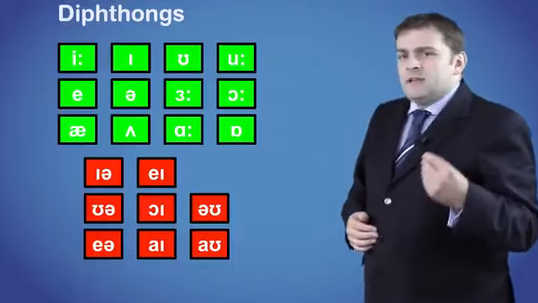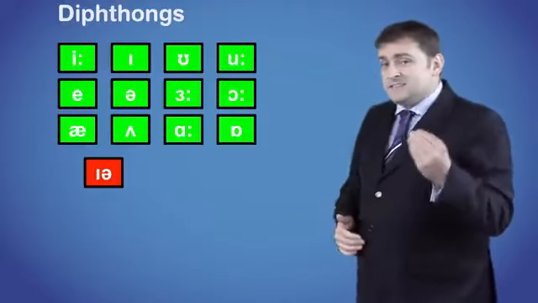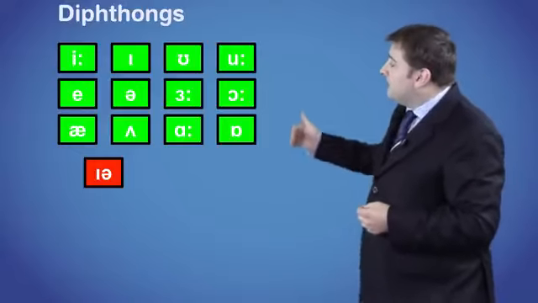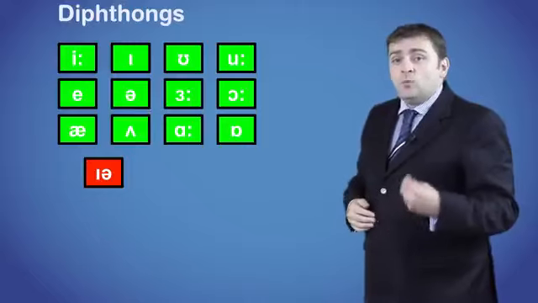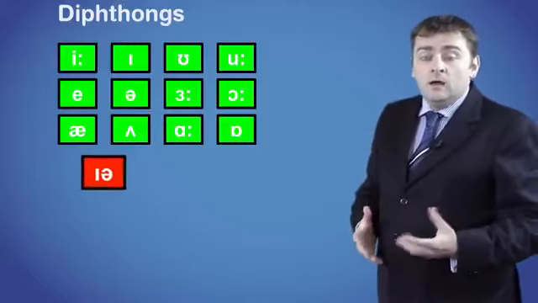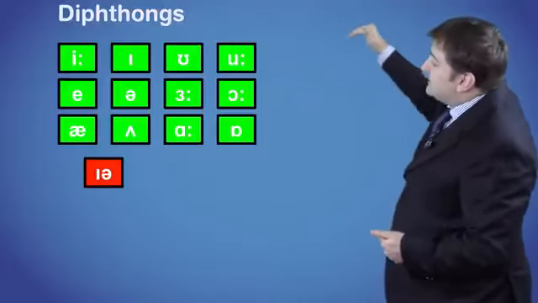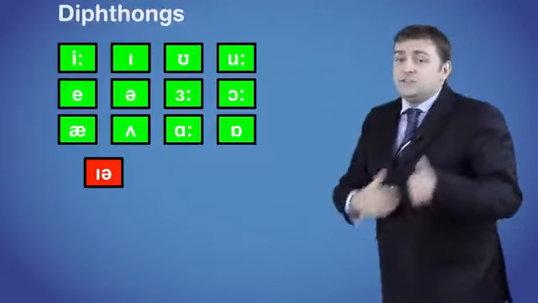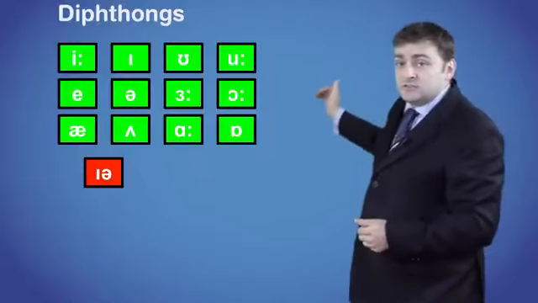First of all, let's look at ear. This is a combination of I and schwa but it's pronounced within 1 syllable, ear. The main physical difference between the sounds on the top row and the sounds on the second row is that your mouth should be a little more open for the second row sounds.